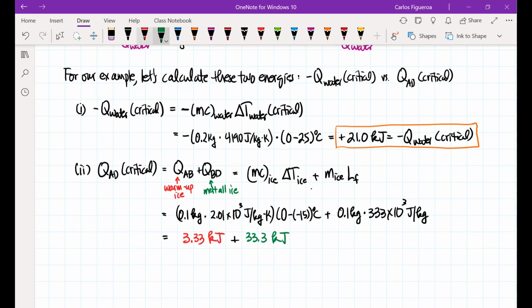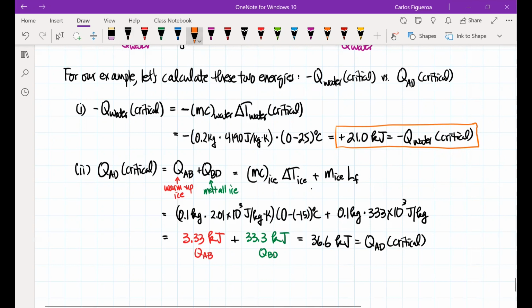Now remember, this guy is QBD, and this guy here is QAB. So the total is 36.6 kilojoules to get to that critical point of this guy here.